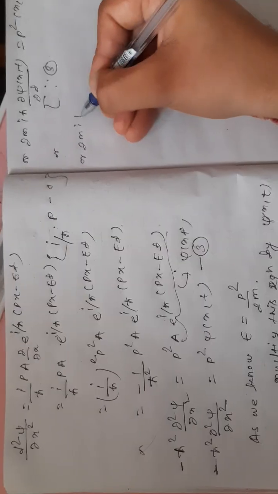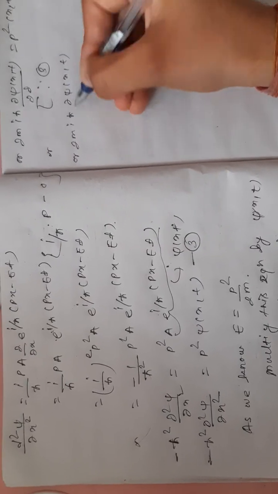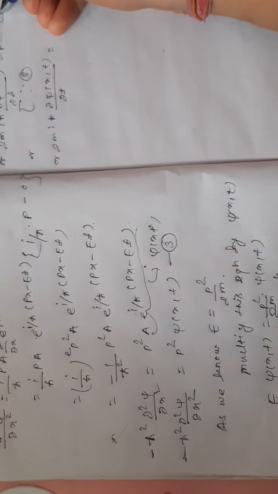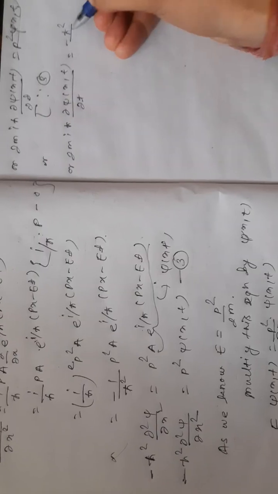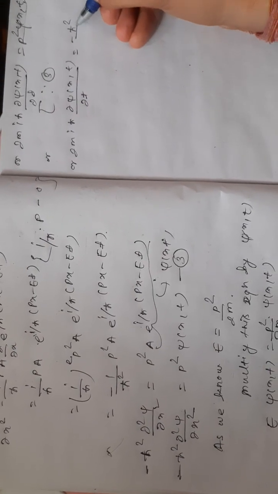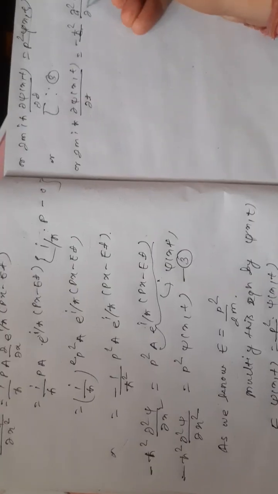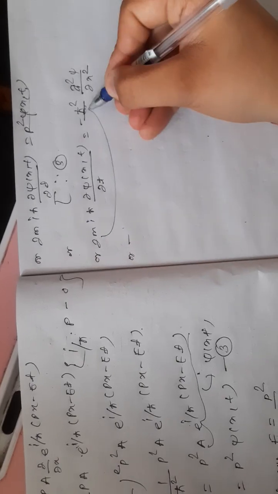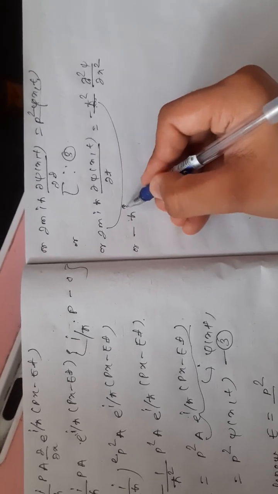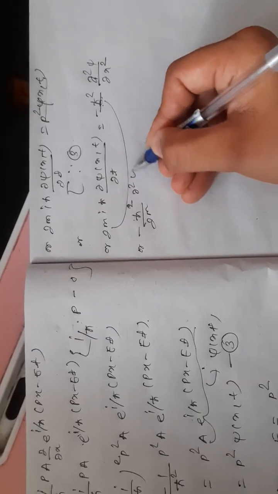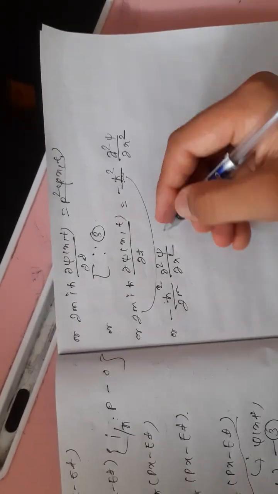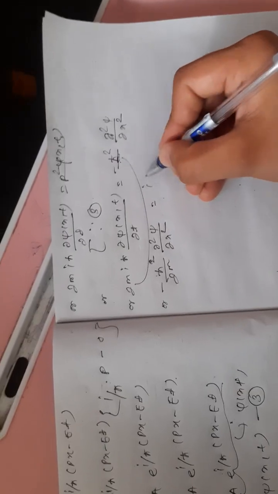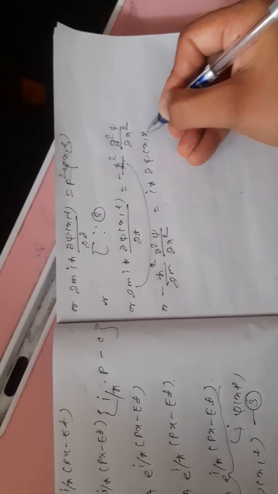Since from the third we can write p² ψ(x,t) as minus ħ² ∂²ψ/∂x². Therefore we have minus ħ²/2m ∂²ψ/∂x² will be equal to iħ ∂ψ(x,t)/∂t.